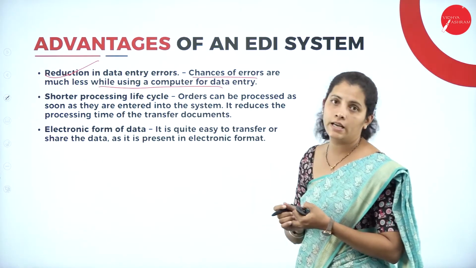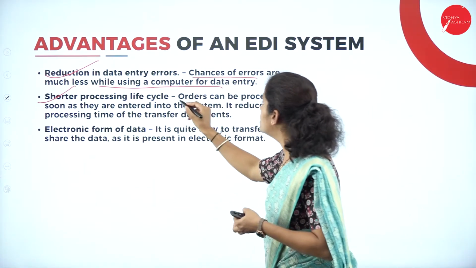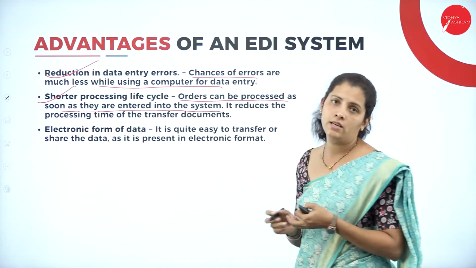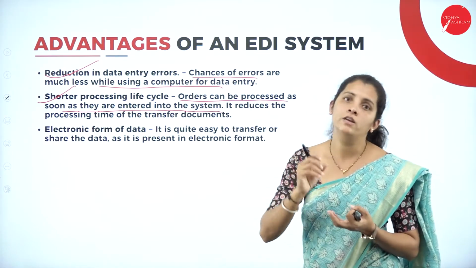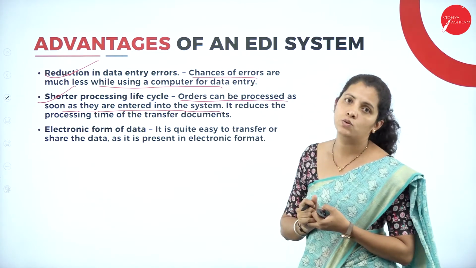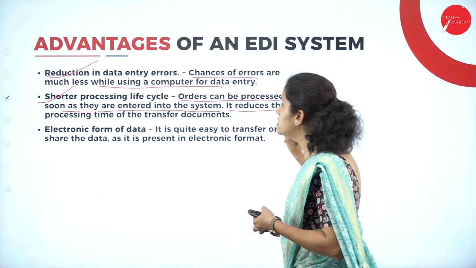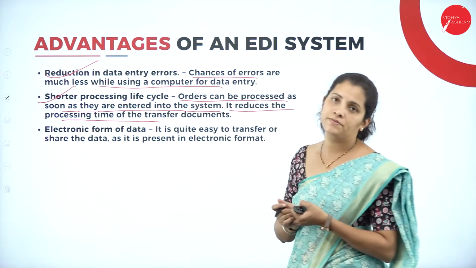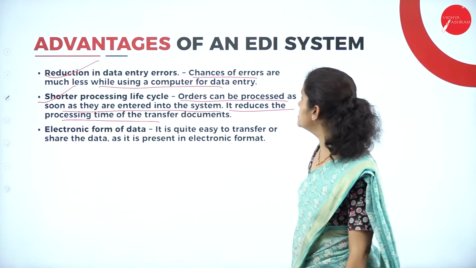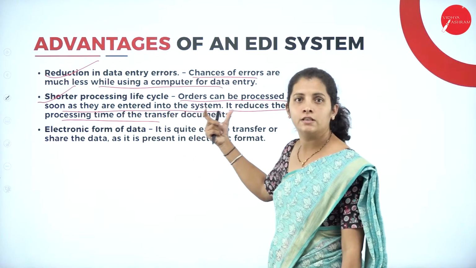The next advantage is a shorter processing life cycle. That means orders can be processed as soon as they are entered into the system. Whatever order you place in your computer system can be processed as soon as it is entered, and it reduces the processing time for transferred documents.